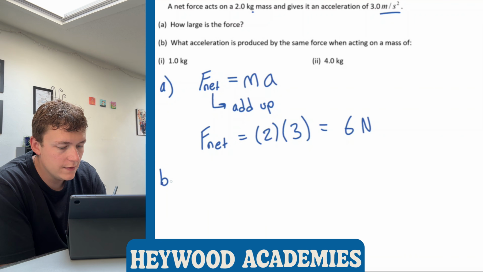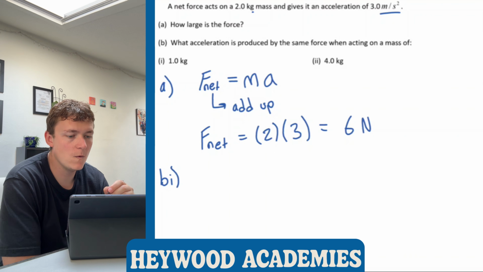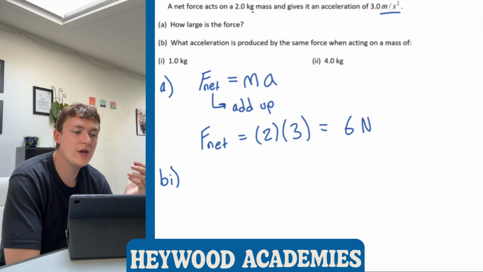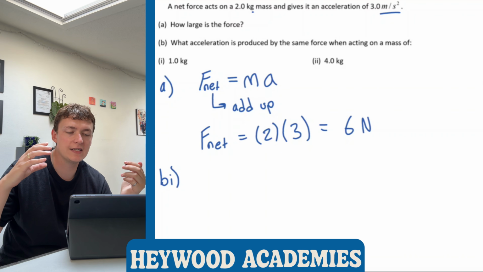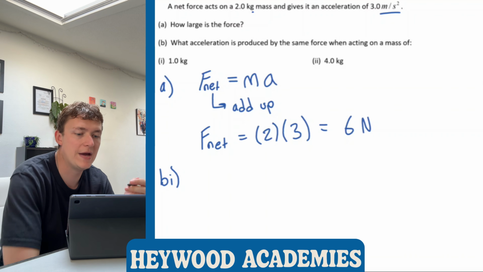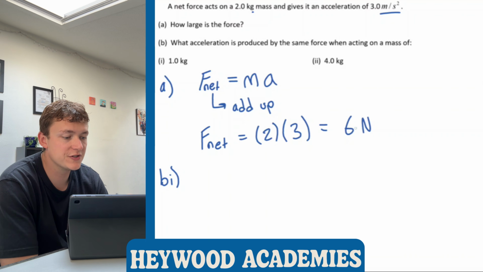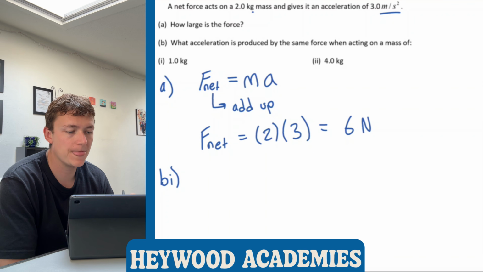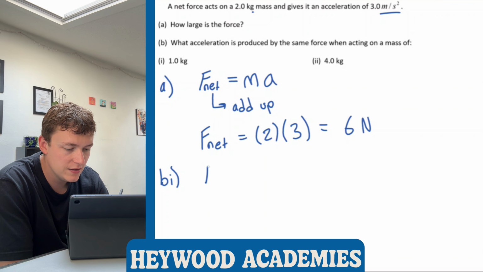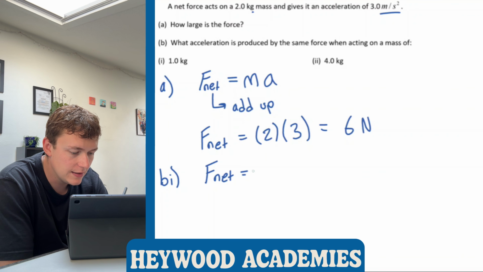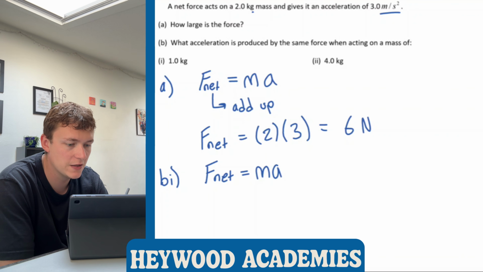For part B, we're looking for the acceleration when we have the same force acting on an object, but the object's mass is different. So now we're still going to use 6 for the net force, but we're going to change the mass. So we'll go F net is equal to mass times acceleration.